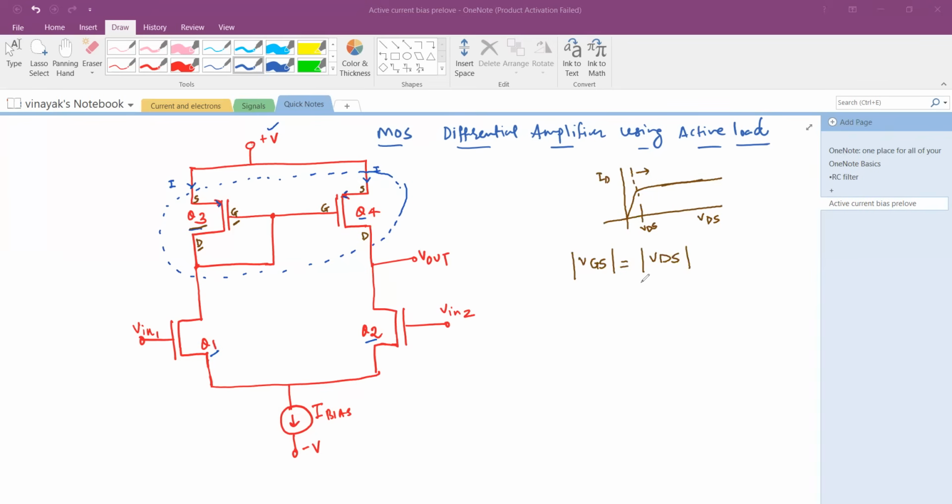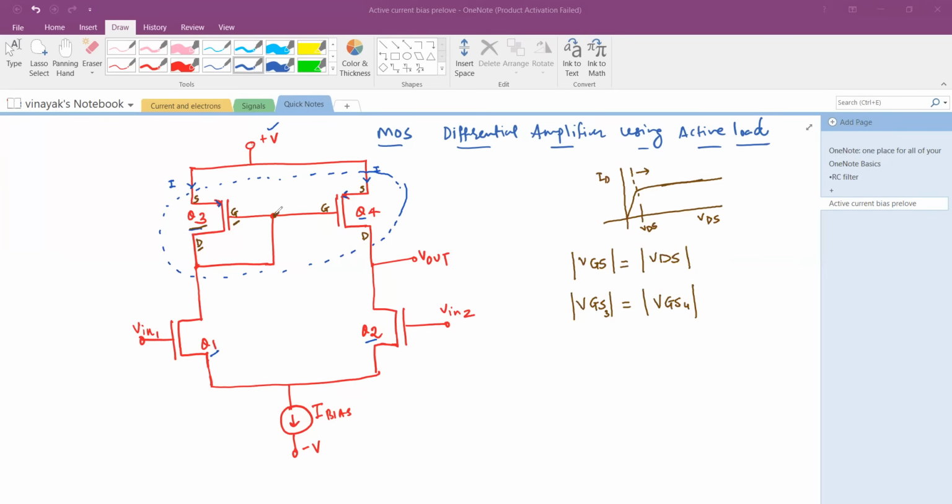So we say that VGS is equal to VDS, and VGS of transistor 3 is equal to VGS of transistor 4, because you see the gate is at the same potential here, and the sources of both transistors are at the same potential.